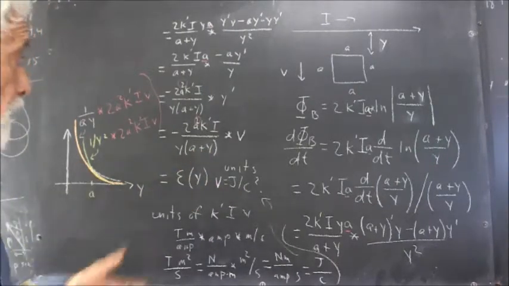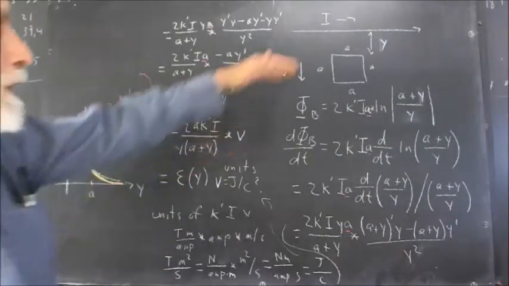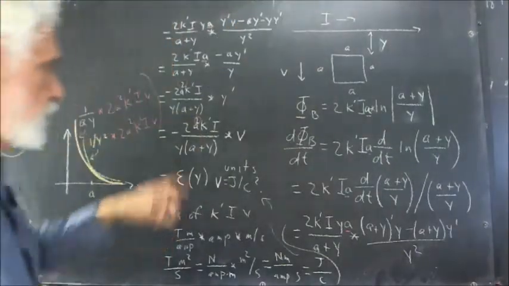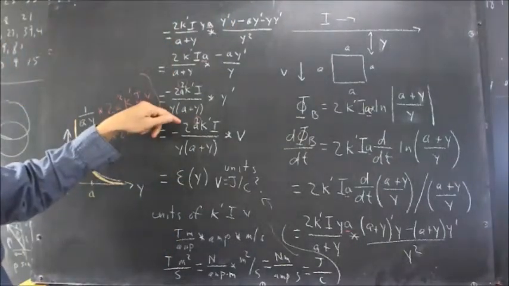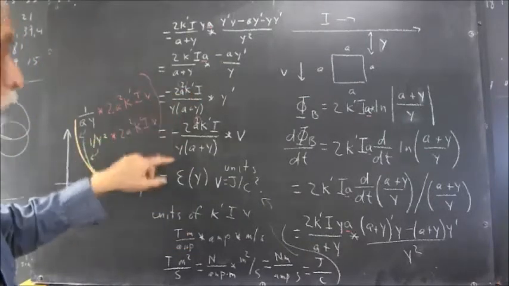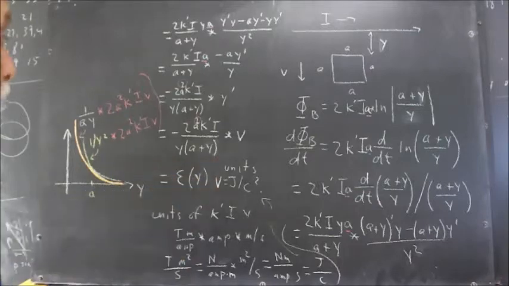So what's going to happen is, if you're close to the current source, you're going to have the EMF falling off in proportion to 1 over y. If you're far, it's in proportion to 1 over y squared.